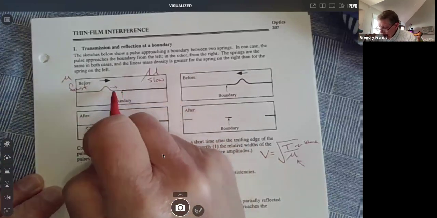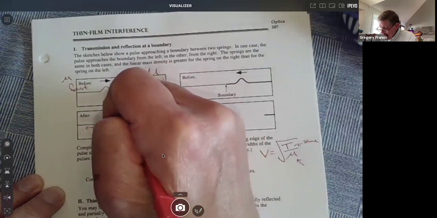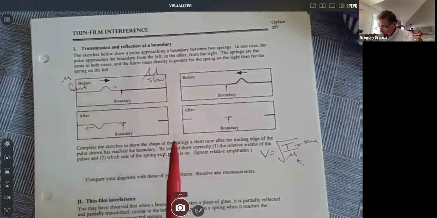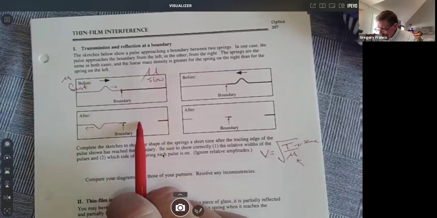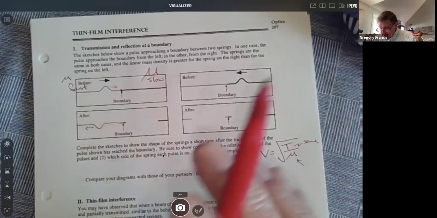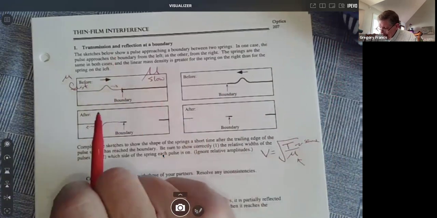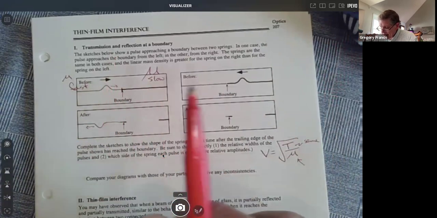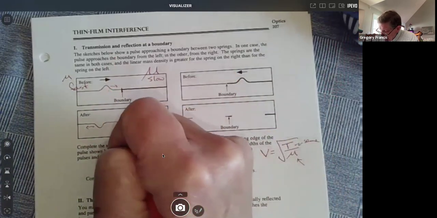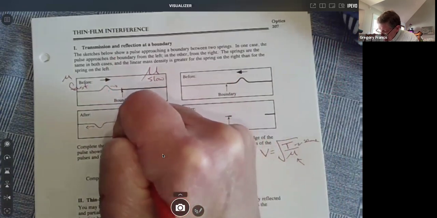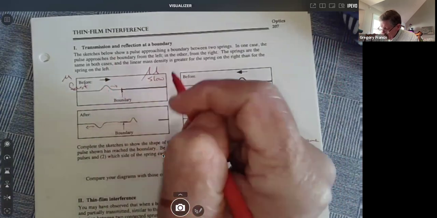Now, when this incident pulse hit the boundary, it split, part of it going into the new medium, the slow spring, and part of it bouncing back into the original spring. Well, we found that the transmitted pulse, the one that goes on, never gets flipped. But it does slow down, and the front of the pulse slows before the back of the pulse. And so when this pulse gets over into the slow spring, it's narrower.